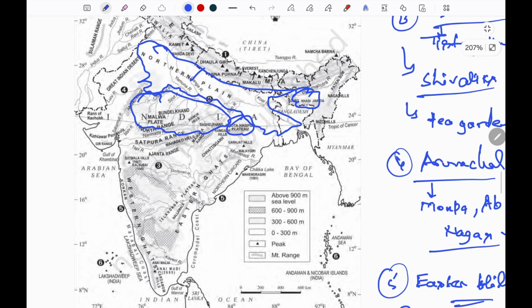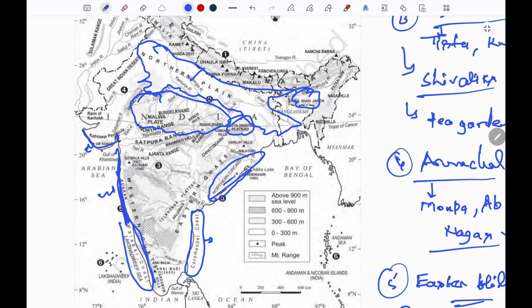Like this Gujarat coast is known as Kathiawar coast, and this Maharashtra and Karnataka coast is known as Konkan, and Kerala coast is known as Malabar coast, and the coast of Tamil Nadu and Andhra Pradesh is known as Coromandel coast, and this part of Odisha is known as Northern Circars.